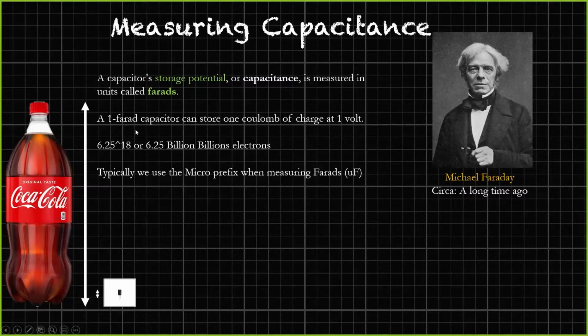A 1 farad capacitor, which is, by the way, an absolutely huge amount, because we usually look at farads in the micro scale, can store 1 coulomb of charge. That's this many billion electrons at 1 volt. If a capacitor can store that, it would be the size of a 2-liter bottle.